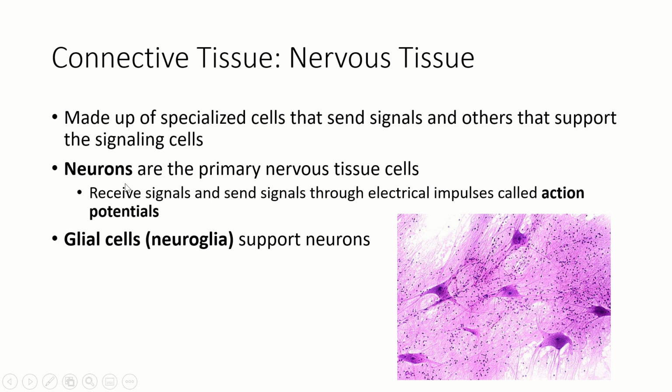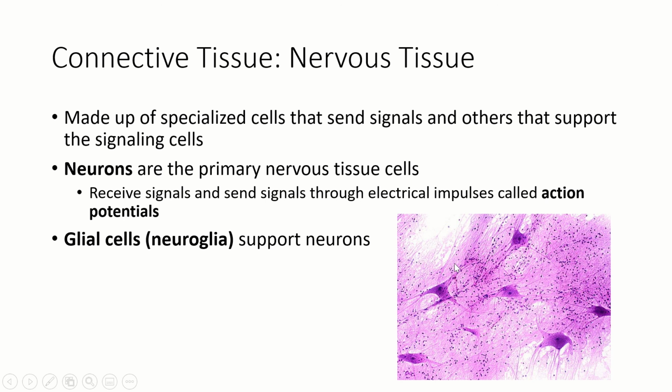So the neurons are the primary cells. They're the ones that actually send the electrical impulses, and those impulses are called action potentials. I know it's a weird name. Just learn it, please. We'll talk later about what an action potential is, and it'll make a little more sense, but not completely. So these big, weird-shaped things, these are the neurons.